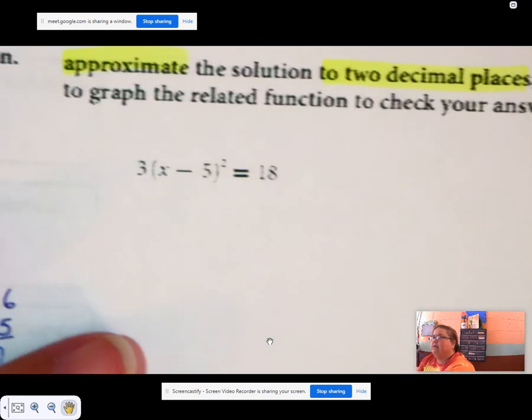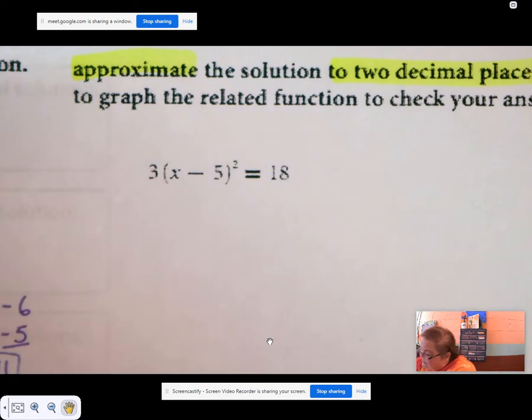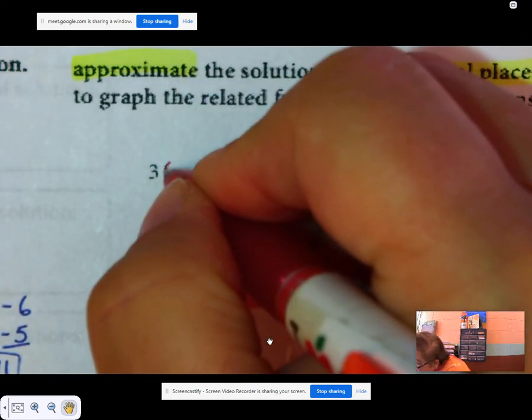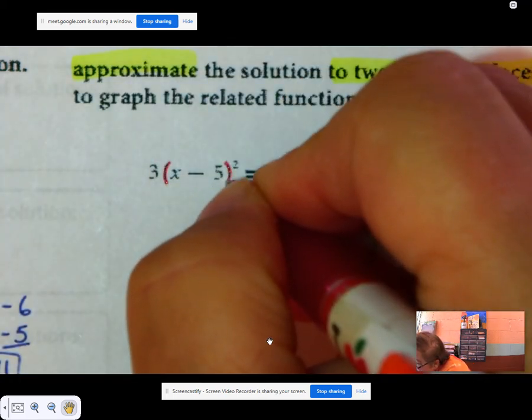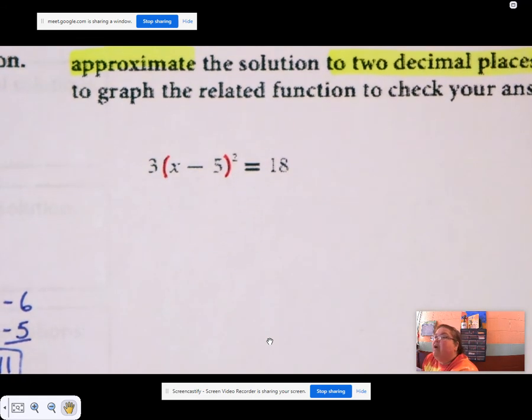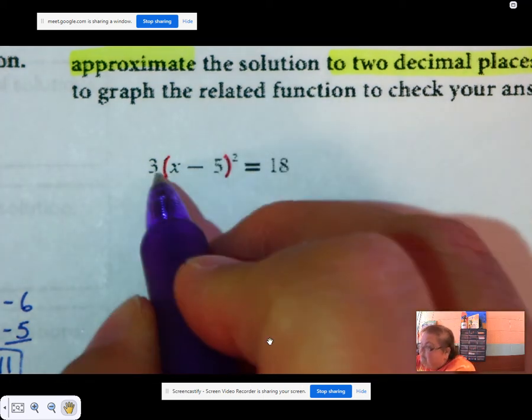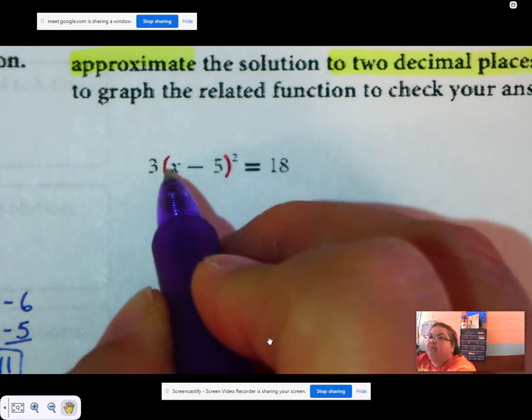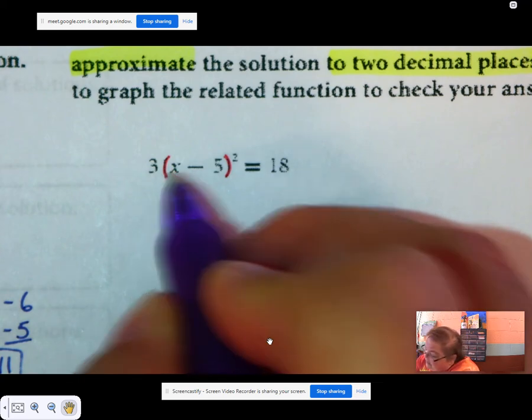Let's go to my second example here. Here are my parentheses. Are they isolated? No. What's on the outside that has to go away? 3. It's being multiplied since it's right next to the parentheses. That means it's being multiplied.